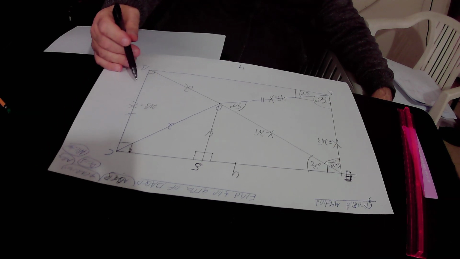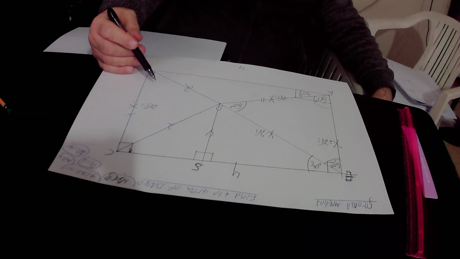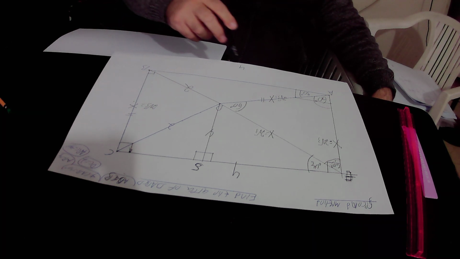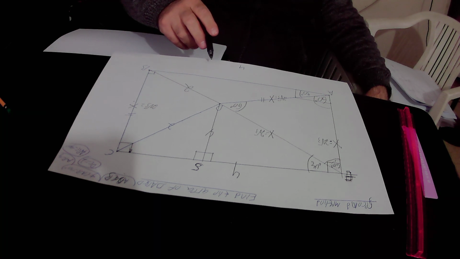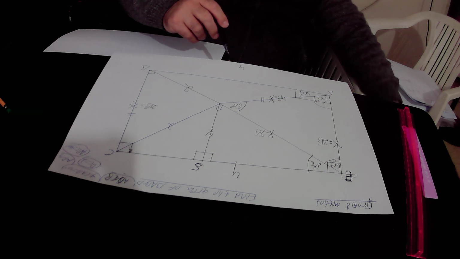we are going to find out the area of quadrilateral ABCD. Therefore, the area of quadrilateral ABCD is equal to the area of triangle ABD.